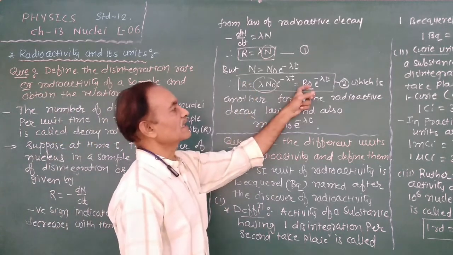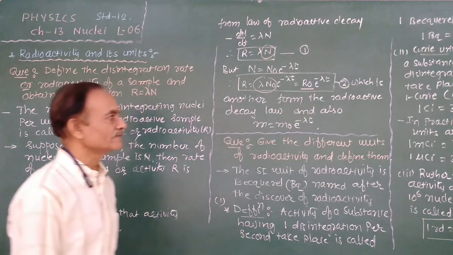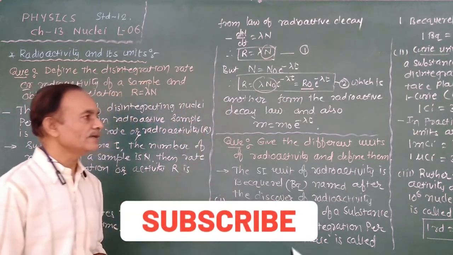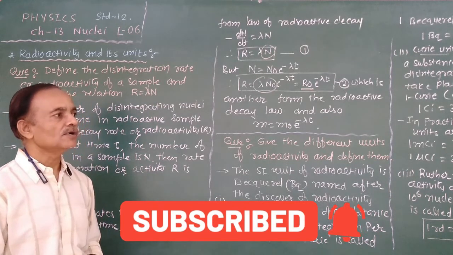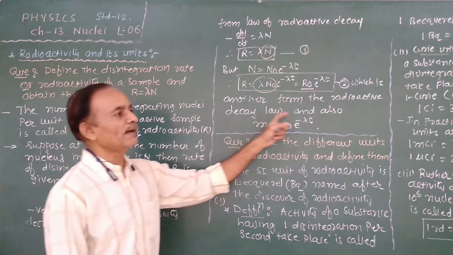Therefore, R is equal to R0 e^(-λt), which is another form of the radioactive decay law. And also, we can write M is equal to M0 e^(-λt).